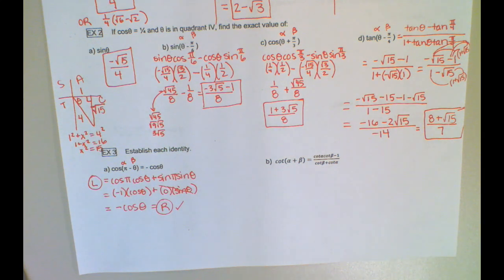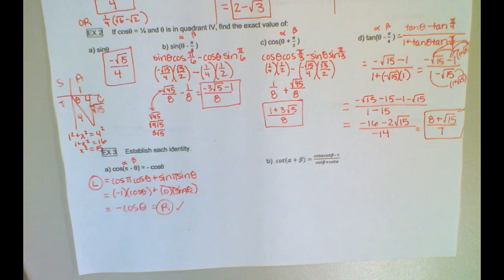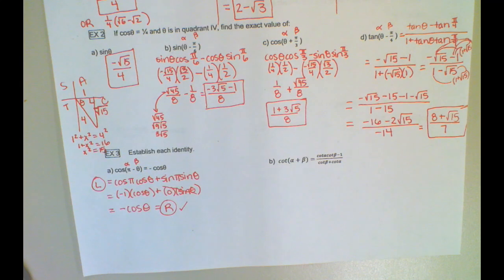All right. So when I look at B, the right side looks more complicated, but it also has cotangents. And I'm going to show you a strategy that they do sometimes in the homework. So I want you to understand this strategy.